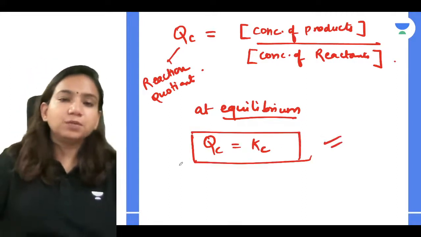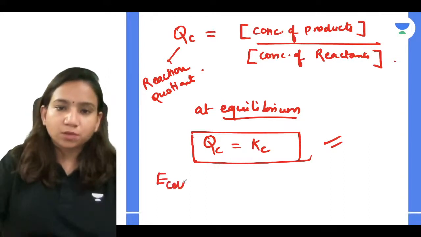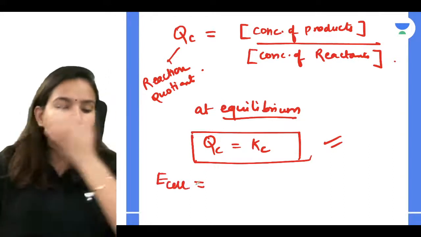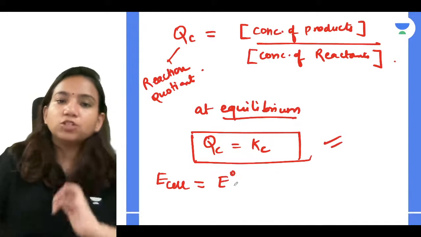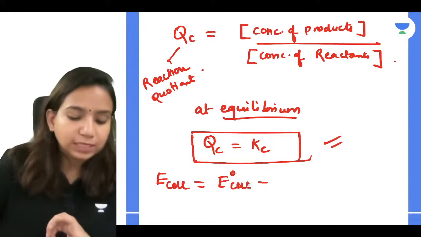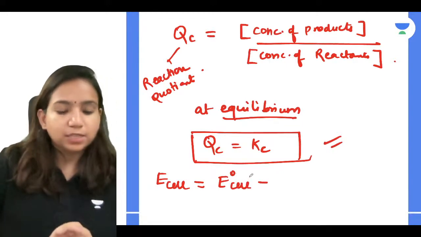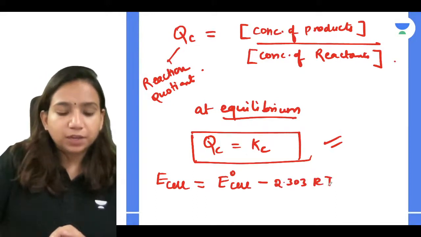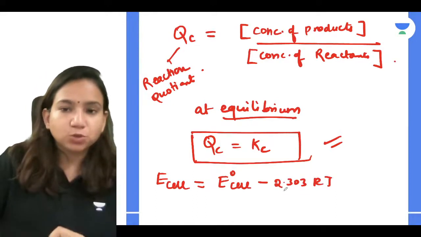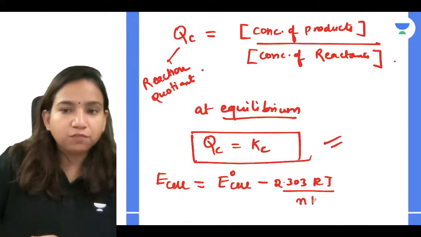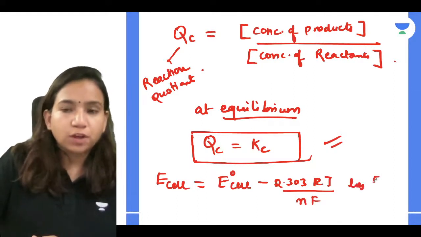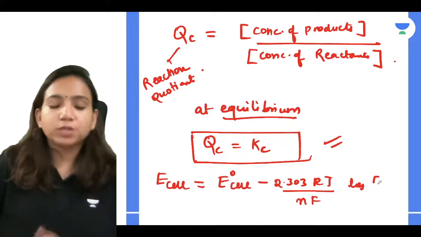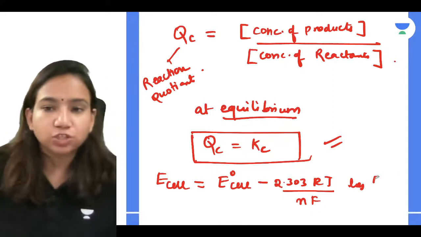So what we can relate is, because E cell is equal to E naught cell minus, we wrote the equation, 2.303 RT by nF log of concentration of anode divided by concentration of cathode, which we can write as concentration of product divided by concentration of reactant.